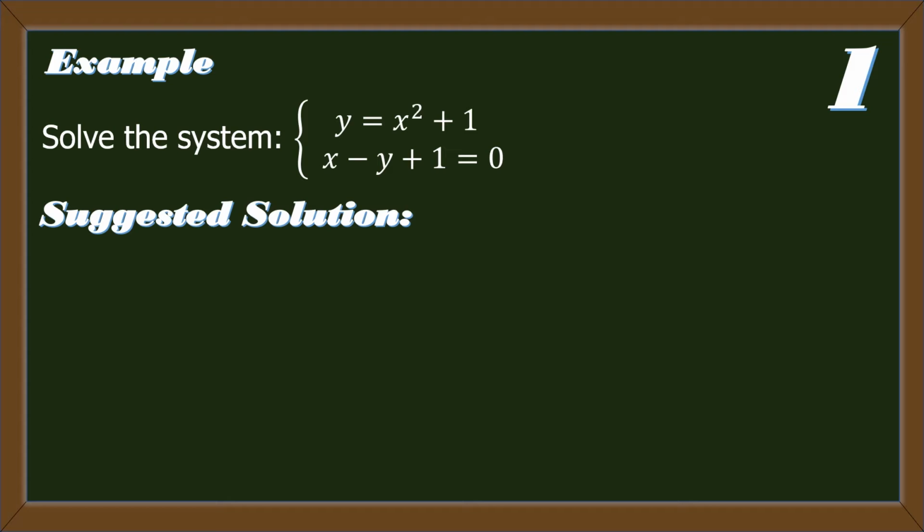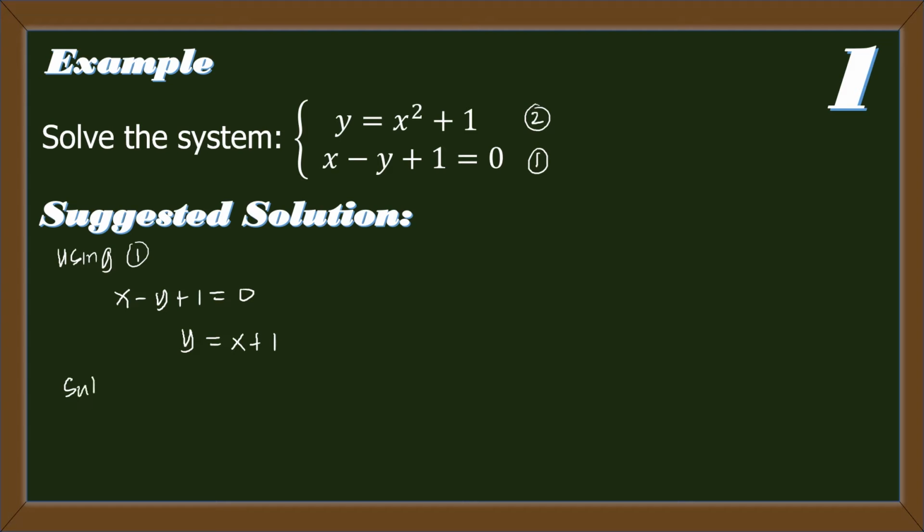For our suggested solution, let us label the equations. We have equation 1 for the linear equation and the equation of the parabola as equation 2. Using equation 1, we're going to rewrite it as an equation of y in terms of x. So from x minus y plus 1 equals 0, we have y is equal to x plus 1.